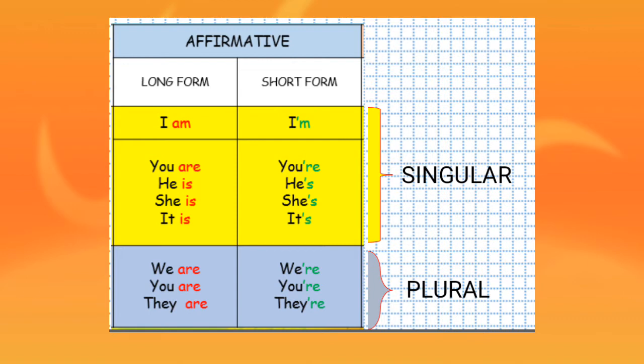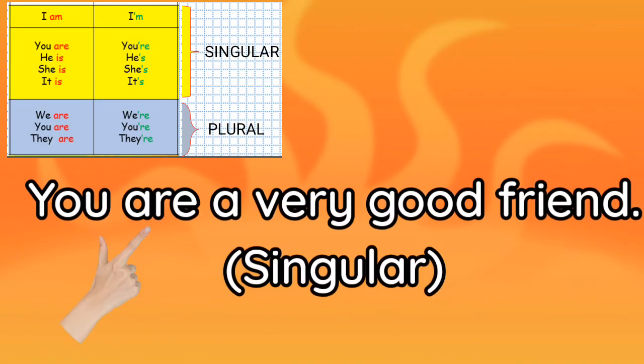The first you is in the singular form and the second you is in the plural form. Actually, there is no difference between you singular and you plural when it comes to tenses. For example, you are a very good friend. This refers to only one friend and it is in the singular form.